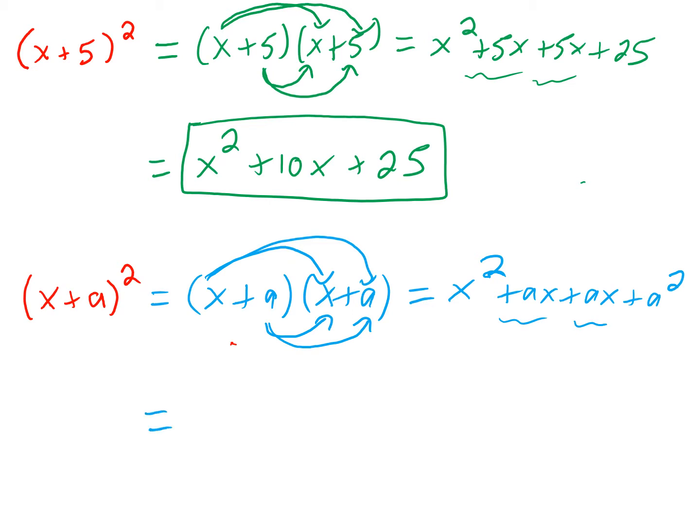The first term, x squared, copy it down. Both middle terms end with ax, and the number in front of each is 1, so 1 plus 1 gives 2. So plus 2ax, and then plus a squared.